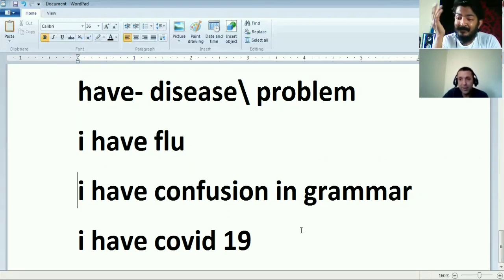Yes, I have lots of confusion in Arabic language. It's a very difficult language for me. Do you have any problem with COVID-19? Yes, I have a lot of problems with COVID-19. Because of that, I cannot go outside properly. I cannot meet with my friends.